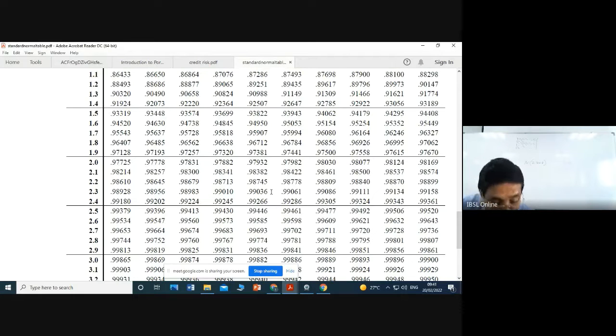First, you need to get the difference between these two places. This represents 2.340 and this represents 2.35, but our required value is 2.348. So we need to see the difference between these two. What is the gap between 2.34 and 2.35?